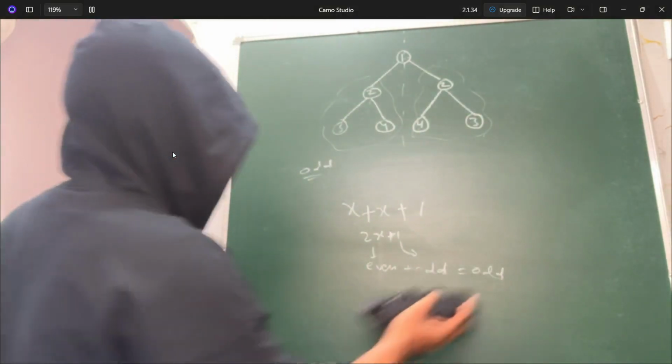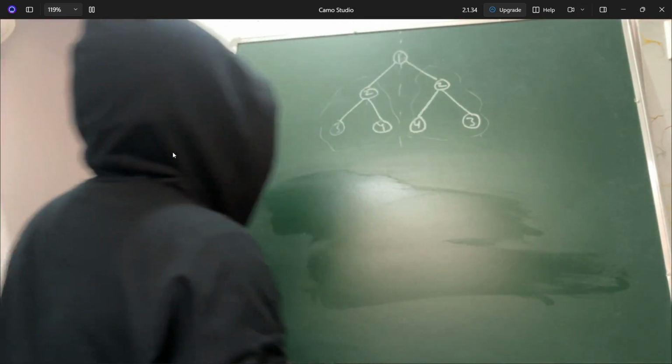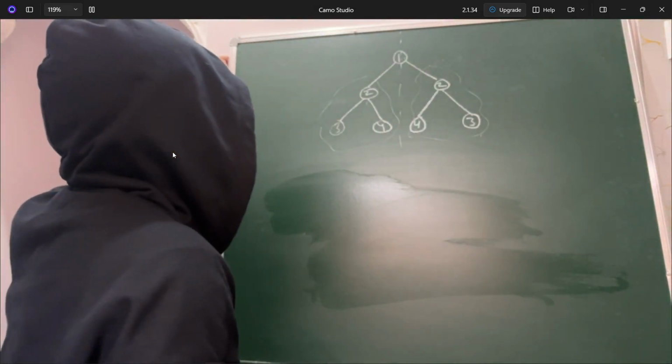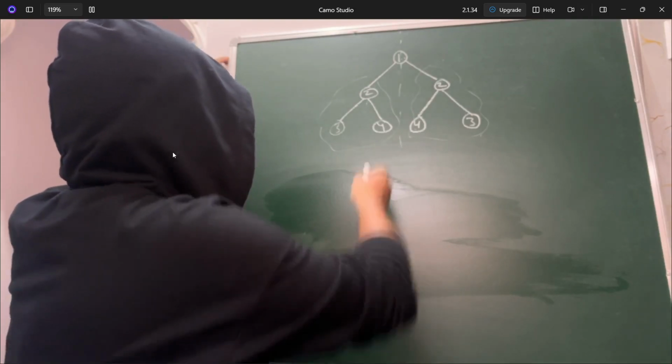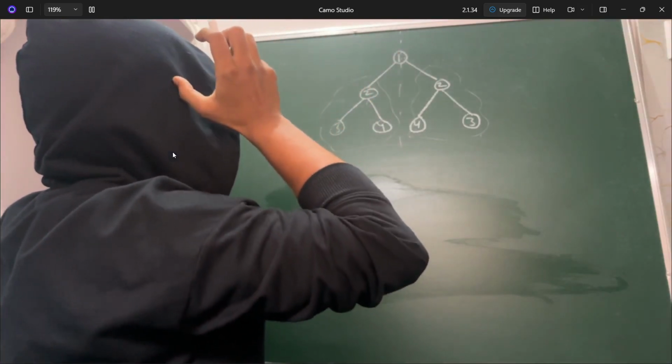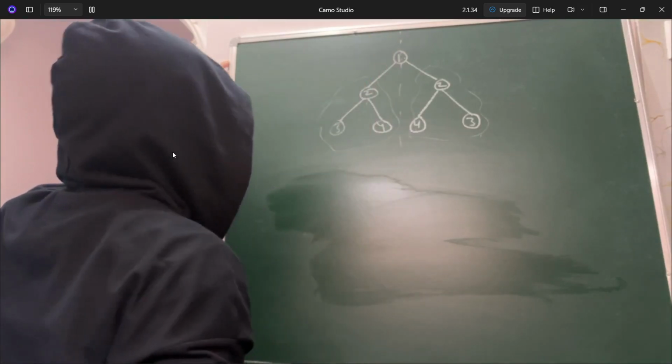let's try to take this down. So one thing we can do is write the node values using in order traversal.